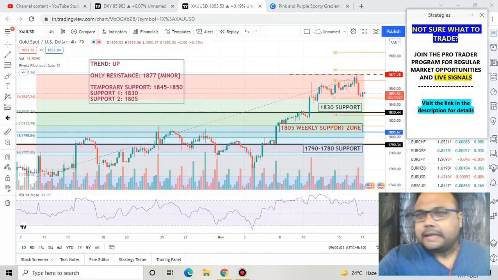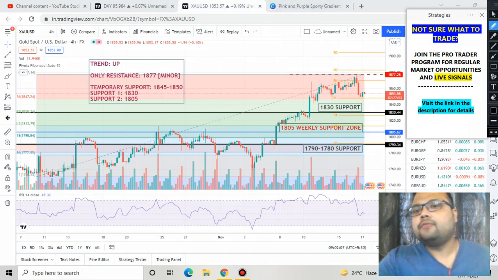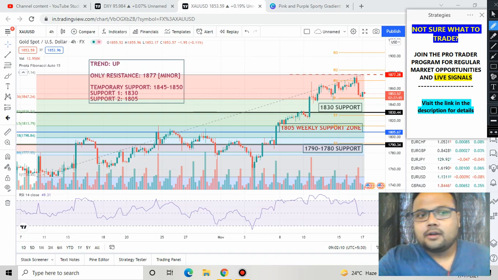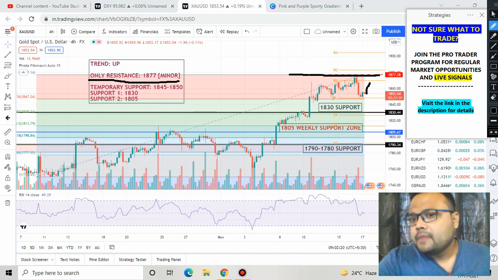On the other hand, if you are looking for some daily trading, then for daily trading purposes I have got two levels for you. First of all, we have a resistance, the only resistance, a minor resistance at 1877. If gold goes up and reverses from this particular resistance, you can take a sell position.